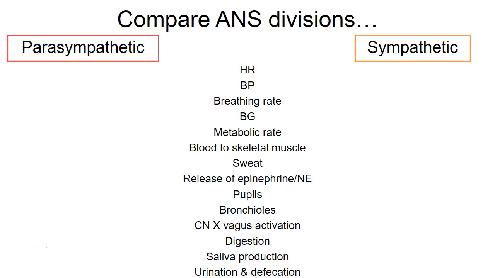Urination and defecation for parasympathetic, you would expect that to be elevated, and correspondingly you should see that decreased for the sympathetic. So be sure to go through these and be able to write whether you would expect it to go up or down. Hopefully it makes sense.